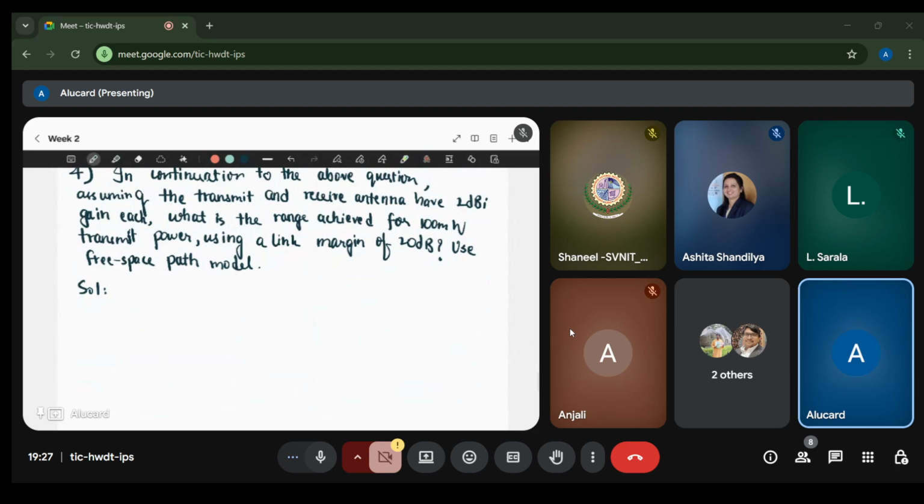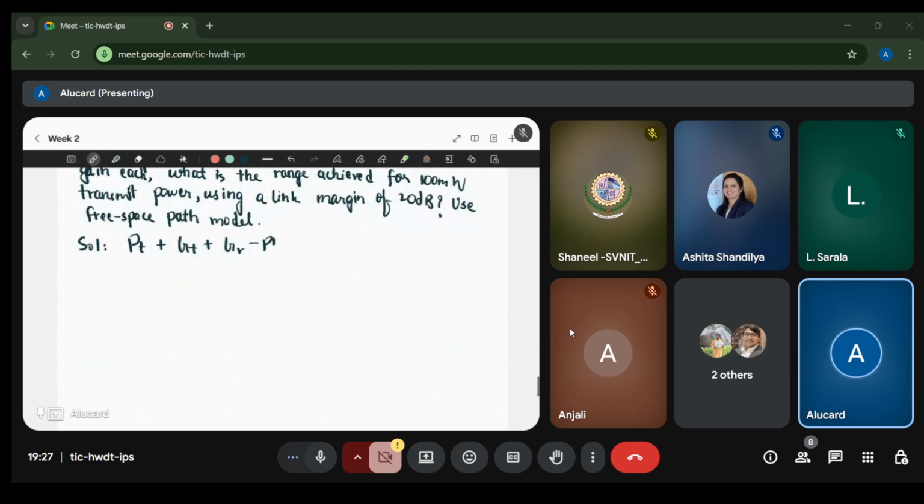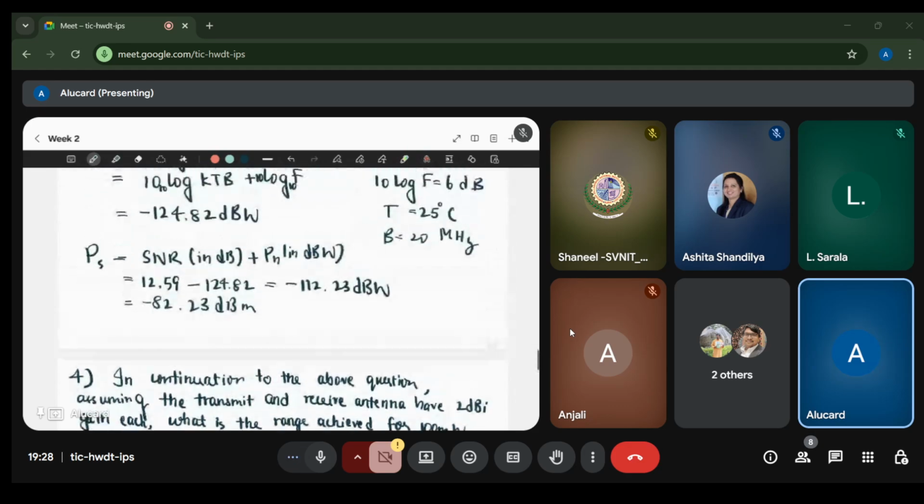Now we transmit with PT, we have a gain from the transmitting antenna, then we have a gain from the receiving antenna, we have a loss from the path loss, then we have to give some margin, and this power must be greater than or equal to receiver sensitivity if your receiver must work properly, if you want BER to be 10 power minus 5.